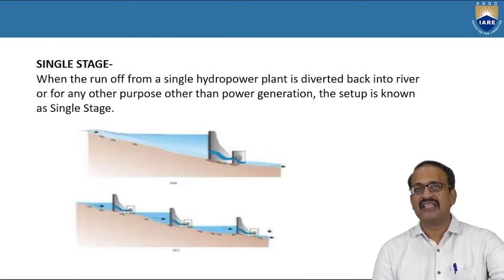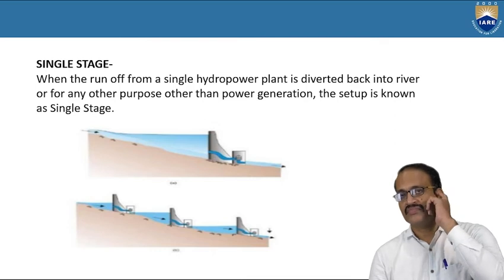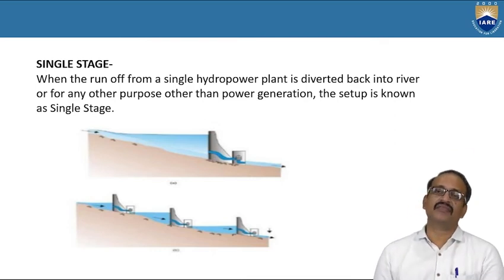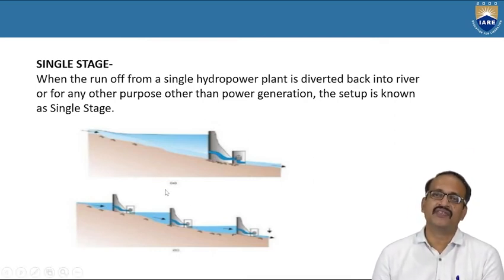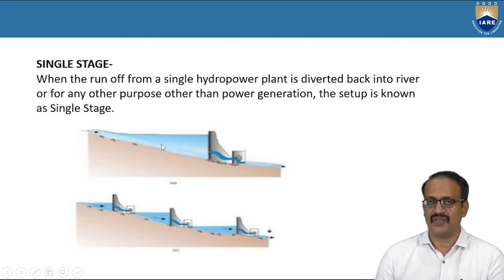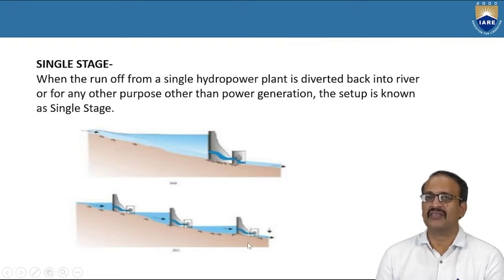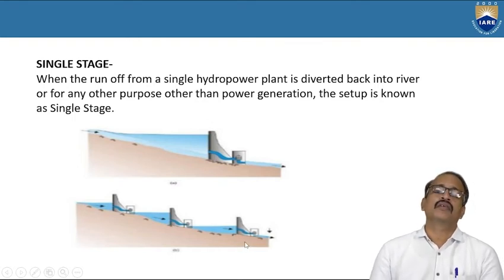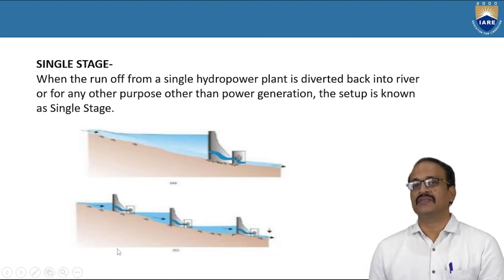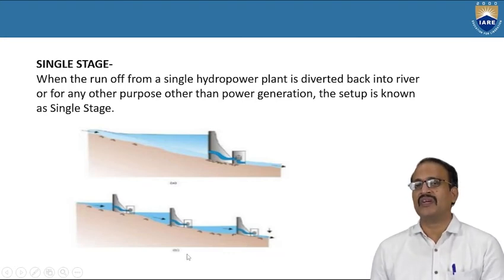So here you can see single stage or cascade. Here this is the single stage. Almost all the dams are like this, because that type of arrangement is not possible everywhere. Geographically favorable conditions are not possible everywhere.